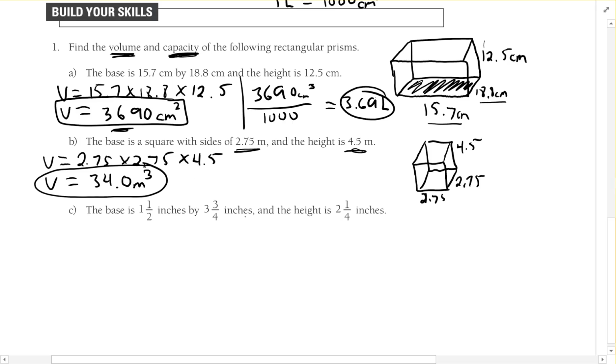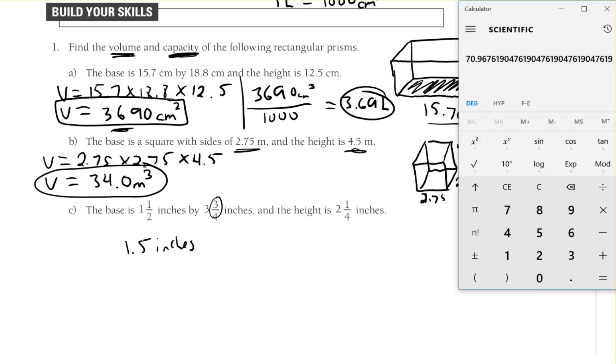For part C, if we're going to figure out this one, what I'd recommend doing is change these fractions. So we got 1.5, we got 3 3/4, we got 2 1/4. Write those as decimals. And if you're not sure what that is as a decimal, literally just do it in your calculator. So you can probably figure out that 1.5 is 1.5 inches. 3 3/4, well, let's say you forgot what 3/4 was as a decimal.